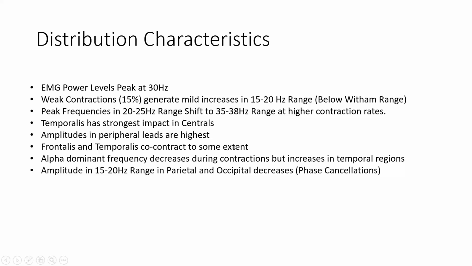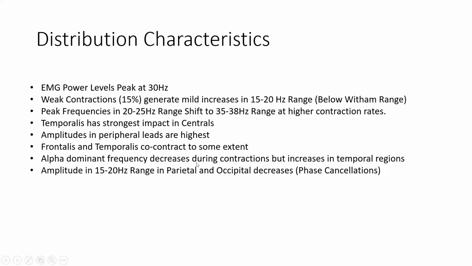Frontalis and temporalis co-contract to a fair degree. So whether it's the temporalis or the front of the forehead, they're going to both produce at the same time, and that's going to produce different frequency ranges. Those ranges are going to shift with the intensity of the contractions and/or with ongoing fatigue. So suddenly we've got a moving target. It's constantly shifting, and that's what they say in the literature.